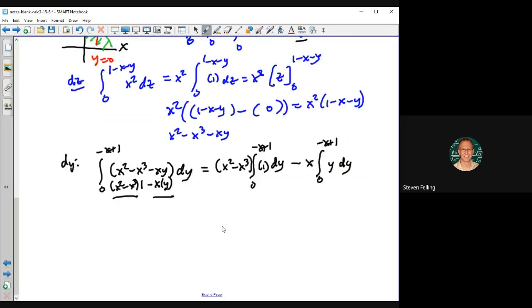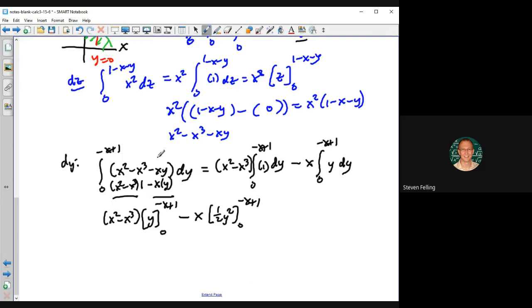All right, so let's do this left integral. We have our constant, x squared minus x cubed. And the integral of 1 is y, from 0 to negative x plus 1, minus the constant x times the integral of y, which is 1/2 y squared, from 0 to negative x plus 1.